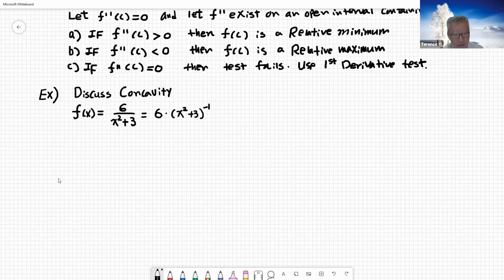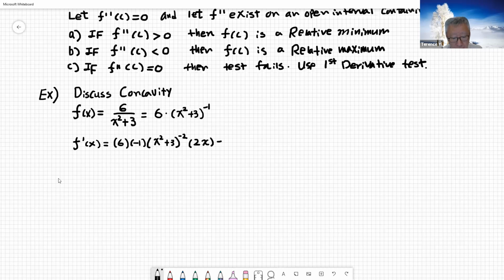So let's find the first derivative. That means we have 6 times minus 1, chain rule, right? x squared plus 3 to the minus 2. Now inside we have 2x.